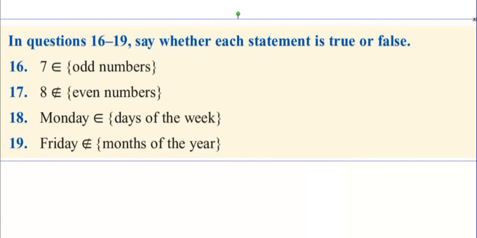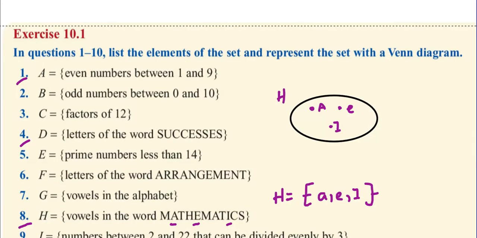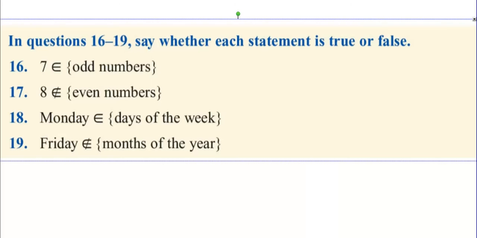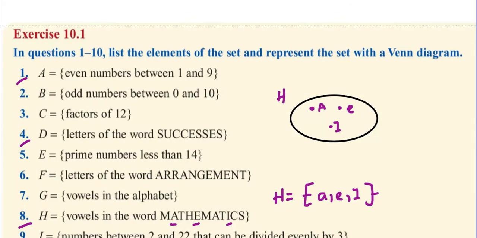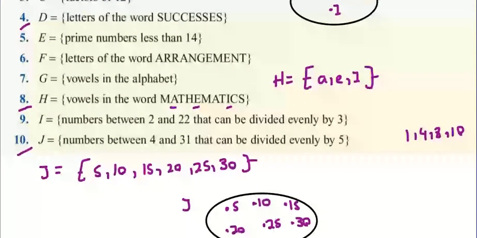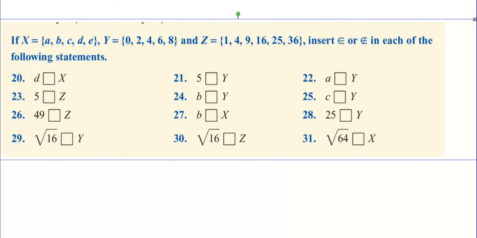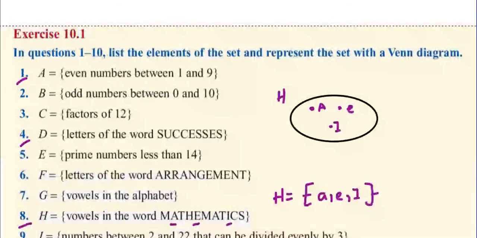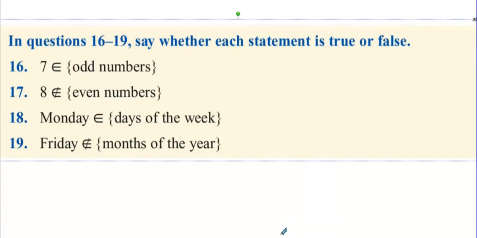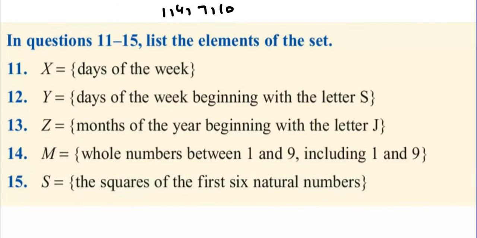It says list the elements. Next question is list the... sorry, I keep getting this. So it is 1, 4, 7, 10. So give me a sec, lads. Okay, so on this one, what you're going to do is you have to list the elements.